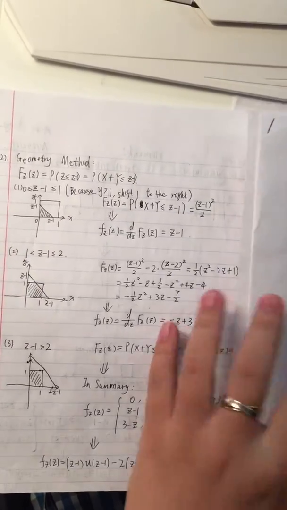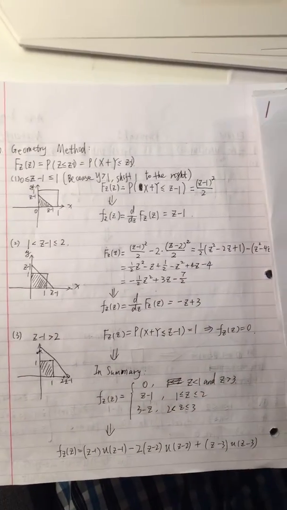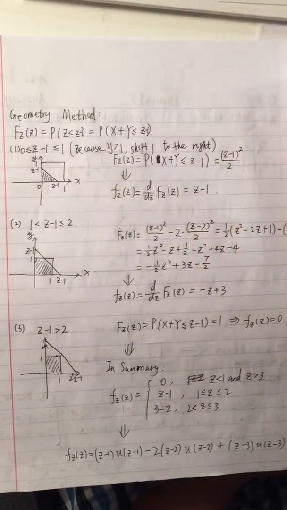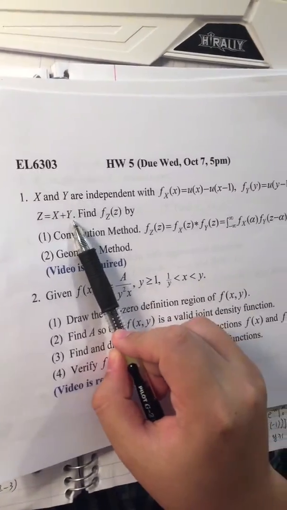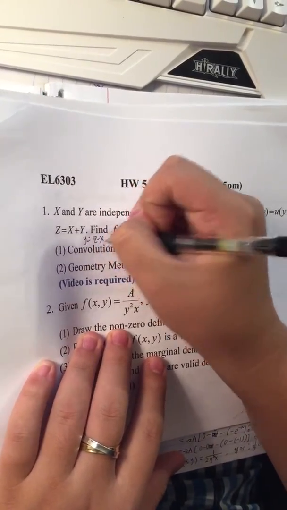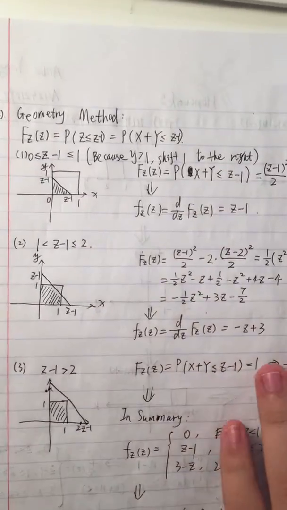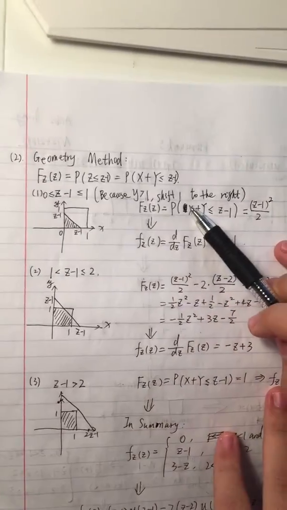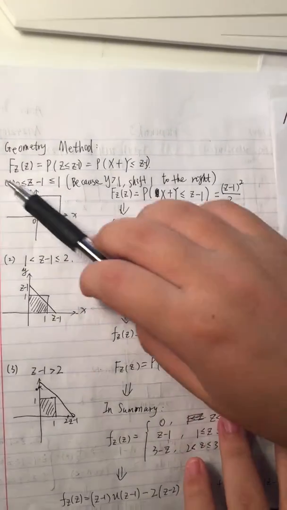And the next method is the geometry method. For the geometry method, first z is equal to x plus y, so y is equal to z minus x. But since y is more than 1, we shift it 1 to the right, and it's like this.